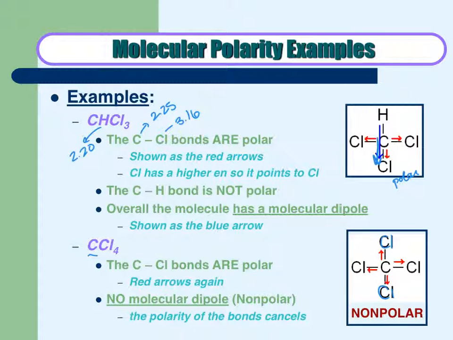Because that is the same for each one of these, they essentially cancel out, and all of the bonds are polar, but my molecule is nonpolar. So those are the things where getting the shape correct is important. This shape is fine for the tetrahedral, but it really is that trigonal planar that is the one you need to watch out for.